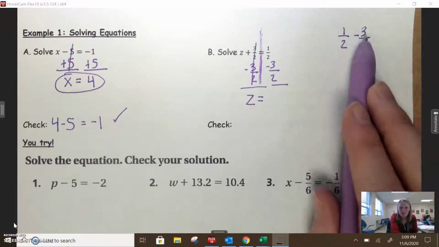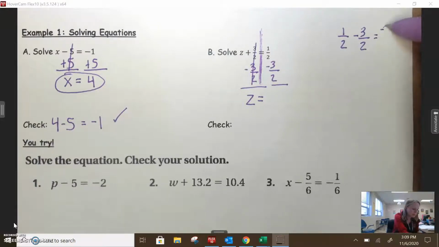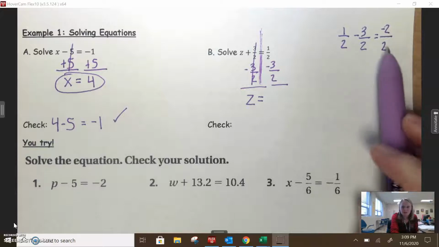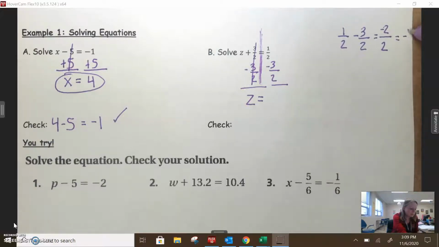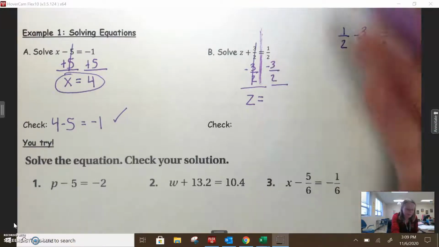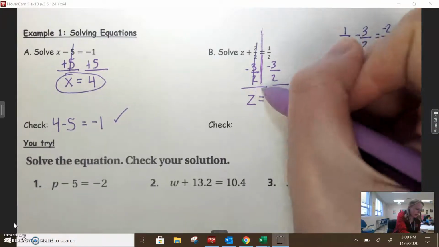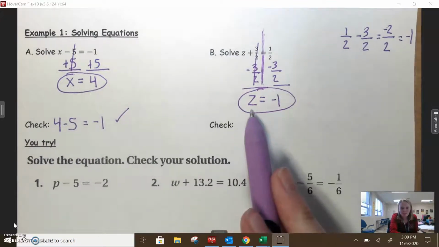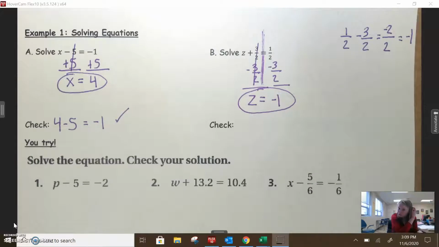So 1 minus 3 is equal to -2, and I can keep the denominator as 2. Now this can simplify to -1. So that means that 1/2 minus 3/2 over here was in fact -1. Since the z is by itself, we can say that that's our final answer here.